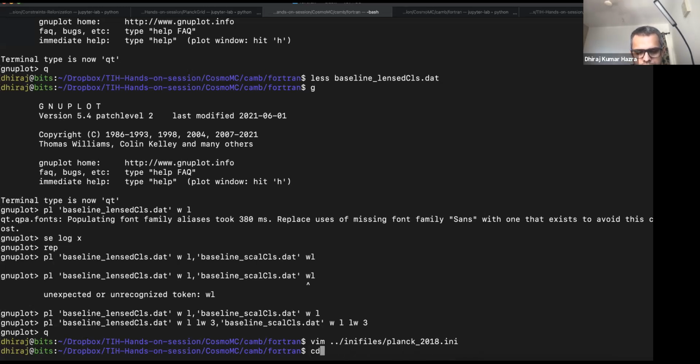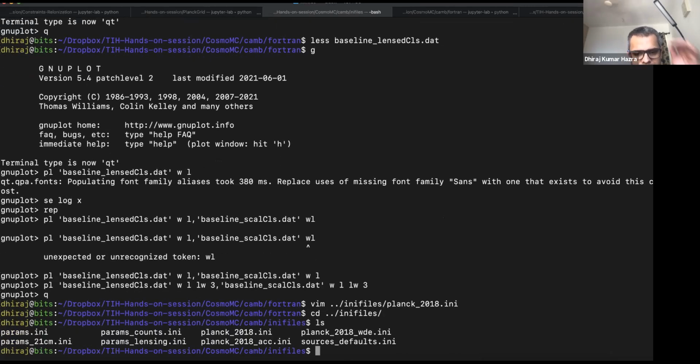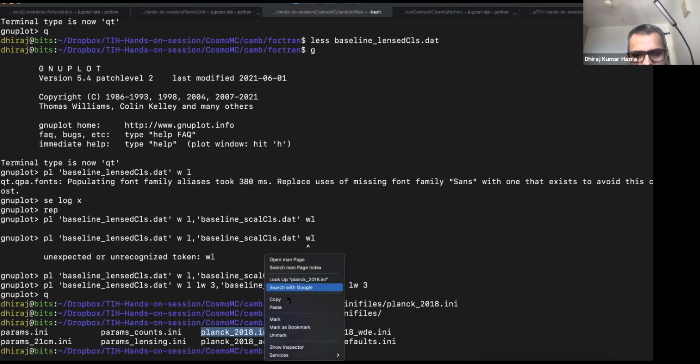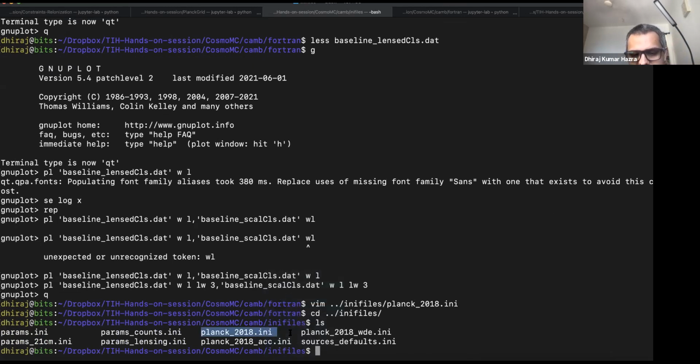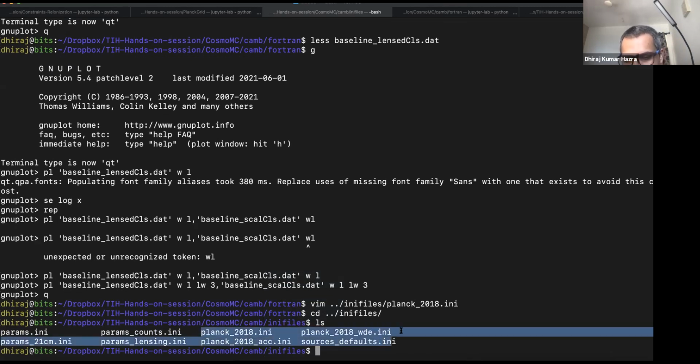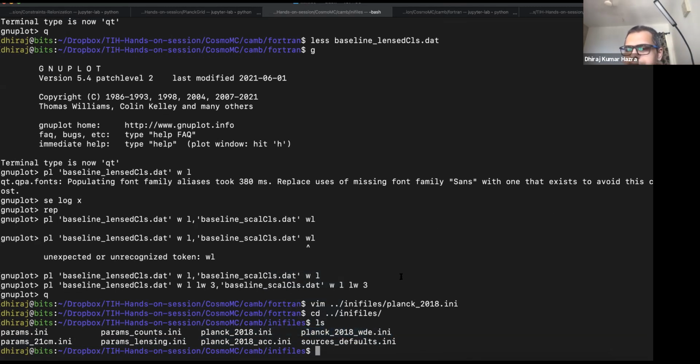Okay, so now go to INI files. Just copy this file, planck 2018.ini, to planck 2018 wde.ini. Do it, please.